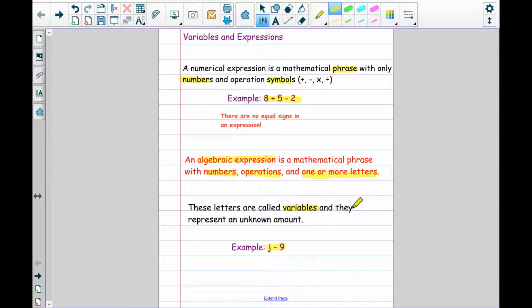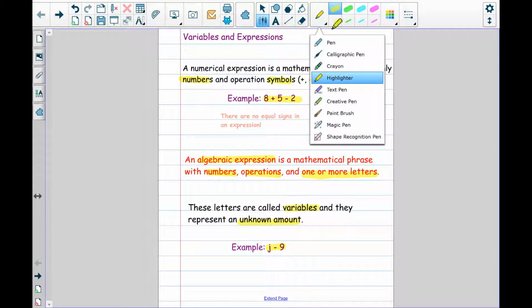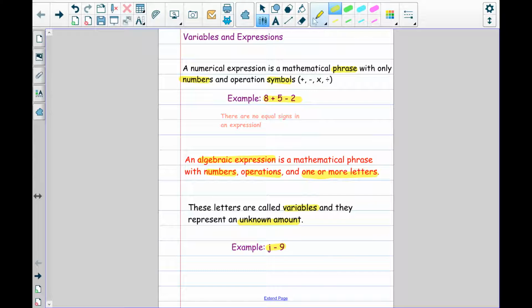These letters are called variables and they represent an unknown amount. It's an unknown amount because it could be anything. J could be 1, j could be 2, j could be 3, j could be an infinite amount of numbers. Since it's an infinite amount, we call it just a variable.